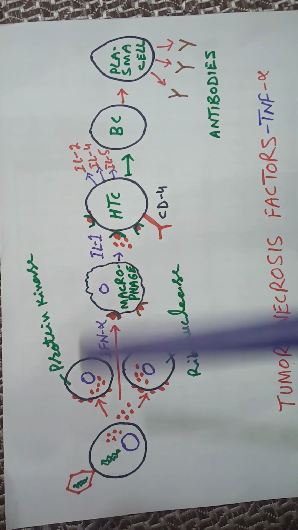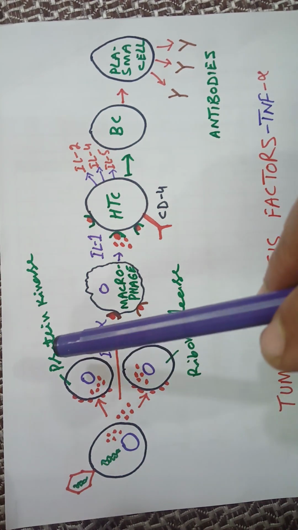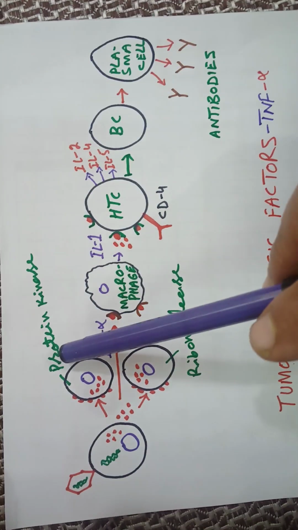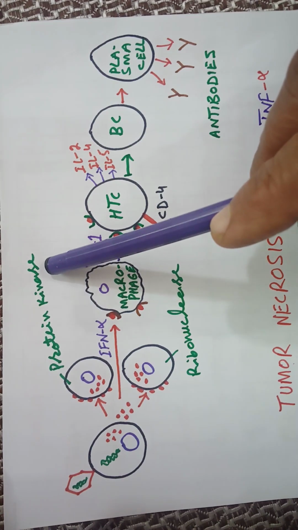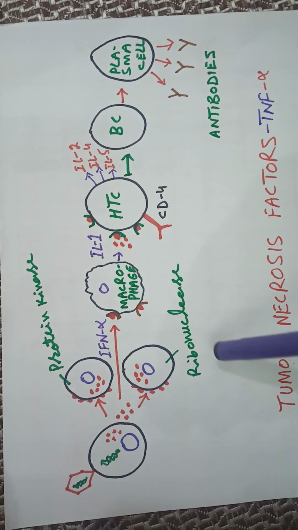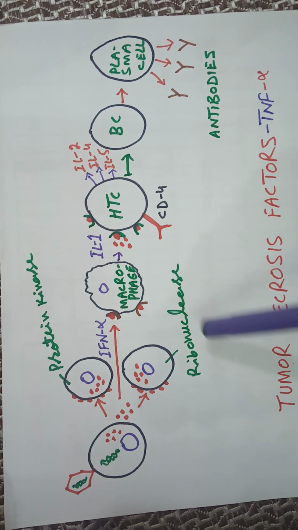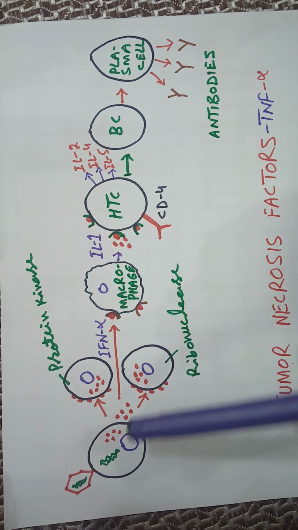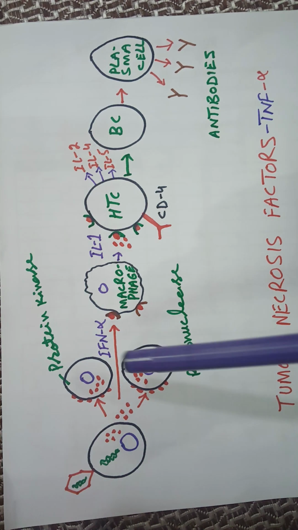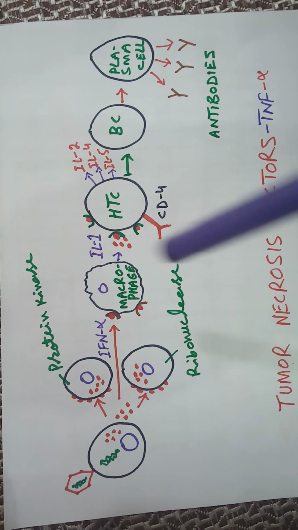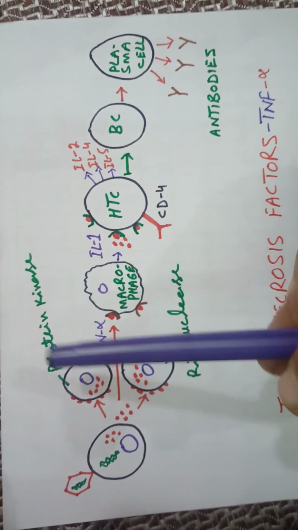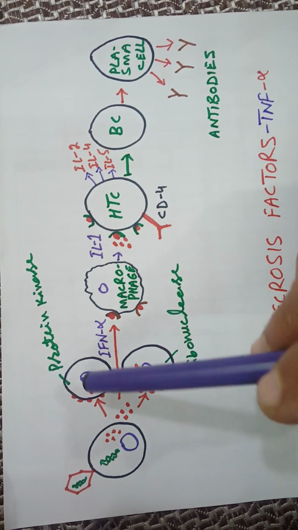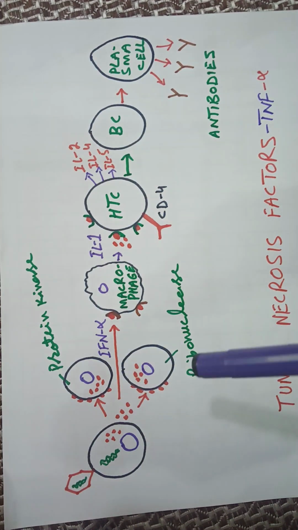Then these cells produce two types of substances. One is protein kinase and the second one is ribonuclease. The ribonuclease digests and catalyzes the virus RNA or DNA, while the protein kinase catalyzes the protein coat of the virus.